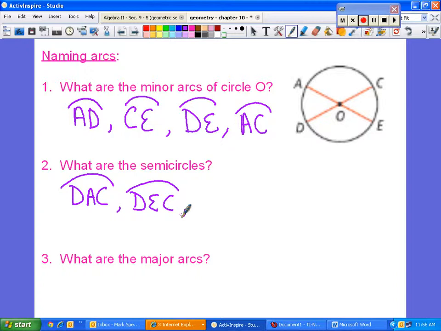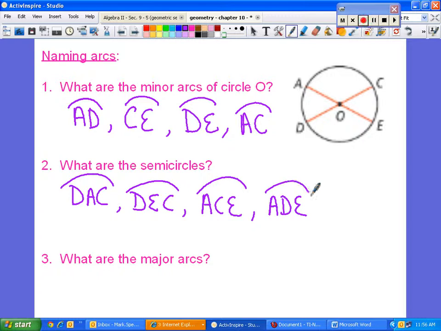We also have another diameter AE, so we have two more semicircles. One of them is ACE, very good, and ACE and ADE.